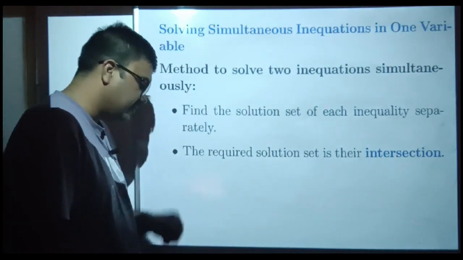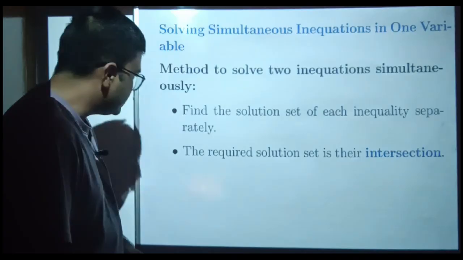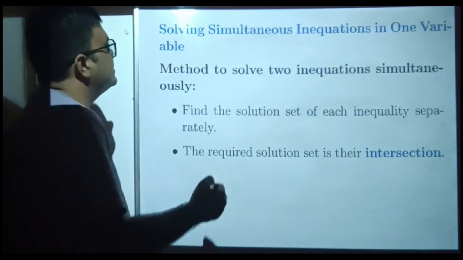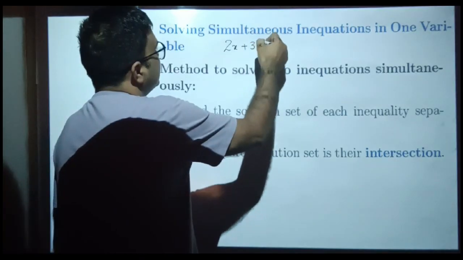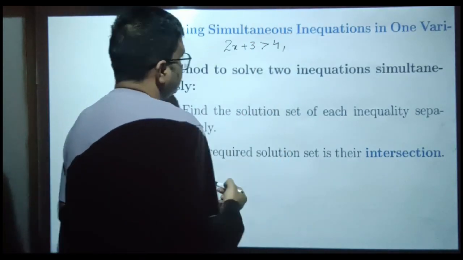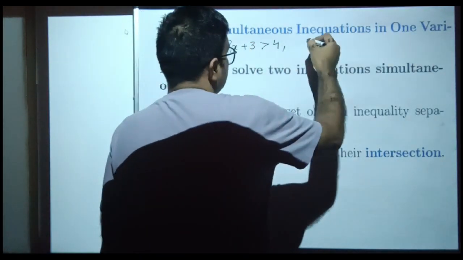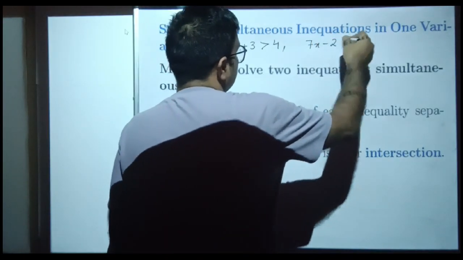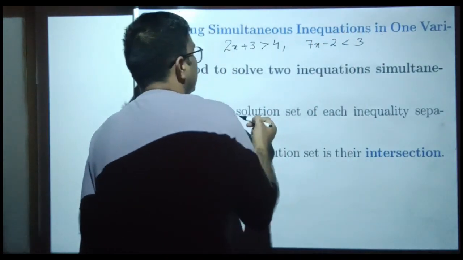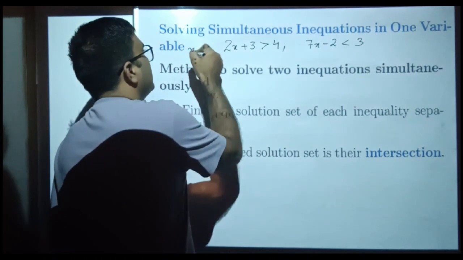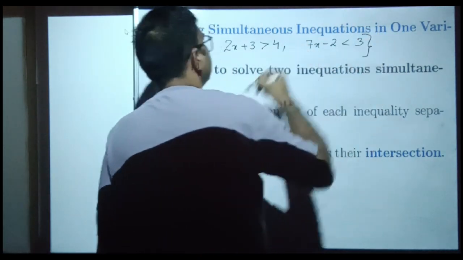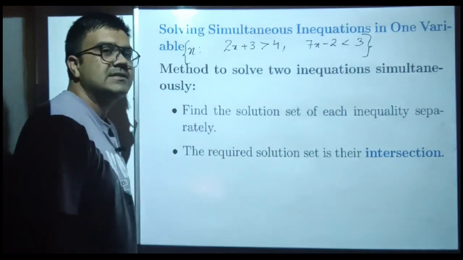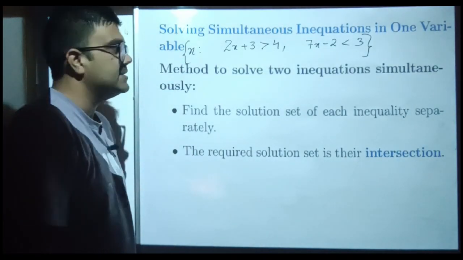Simultaneous inequations means, suppose I am talking about inequations of the form 2x plus 3 is greater than 4 and say 7x minus 2 is less than 3, and I am talking about all those values of x such that x satisfies both these inequations simultaneously.